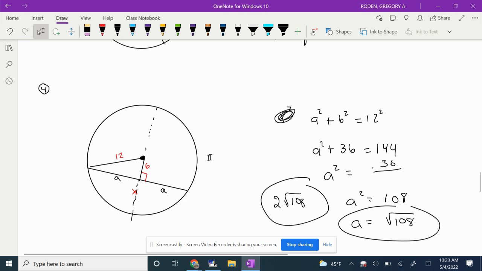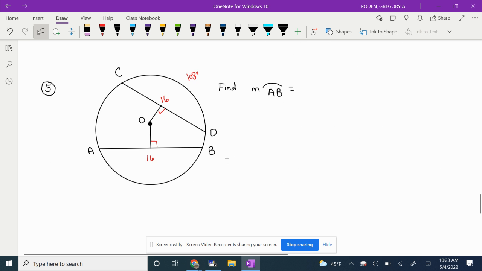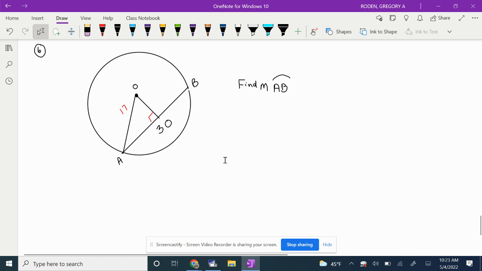Okay. All right, last problem here. Okay, this one right here is really good. So what we want to do is find the measure of arc AB. Now, think about this.